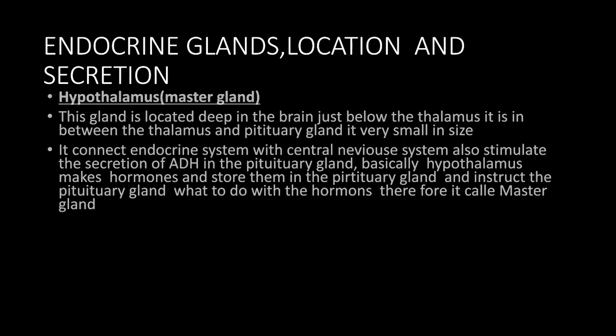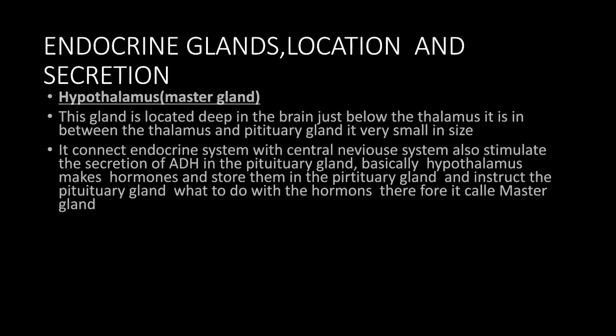Let's look at each gland in the endocrine system, its location, and the hormone secretion. Let us start with the hypothalamus, which is known as the master gland. It is located deep in the brain just below the thalamus, in between the thalamus and the pituitary gland. It's very small in size, however, it plays a huge role in the endocrine system.